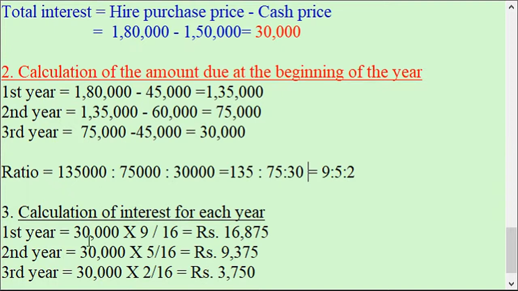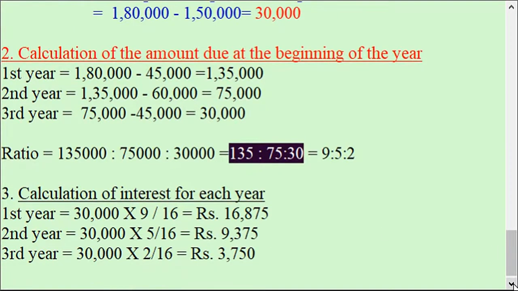For example, 30,000 into first year it will be 135 divided by this total 135 plus 75 plus 30. This total will come here and you will get the same answer. If you are able to simplify it, it is well and good. If you are not able to further simplify it, you can take this ratio itself and calculate, you get the same amount. So that's all for today.